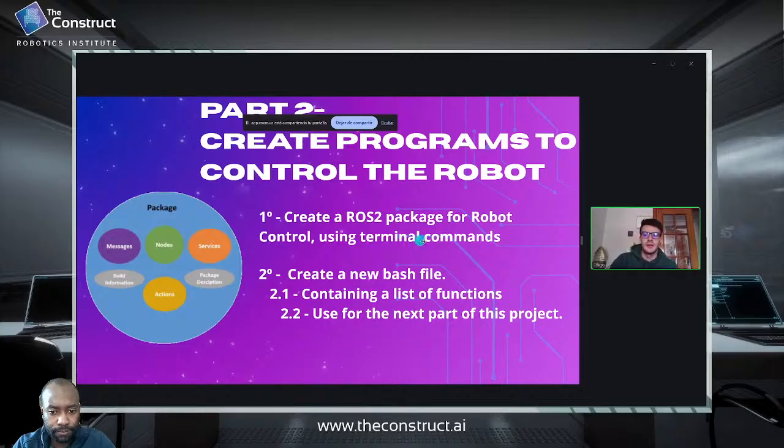That will be creating a program to control the robot. In this part, the documentation says that we need to create a ROS2 package to control the robot using the terminal. And after that, we need to create a bash file that contains a list of functions that we will be using in the next part of this project.